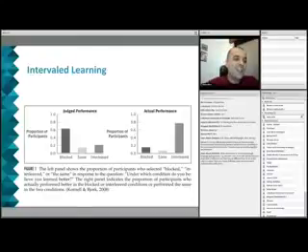They also measured actual performance, so there was the self-assessment, and they also looked at the real assessment. Interestingly enough, the majority of participants self-assessed, saying, "Oh, I love block learning.